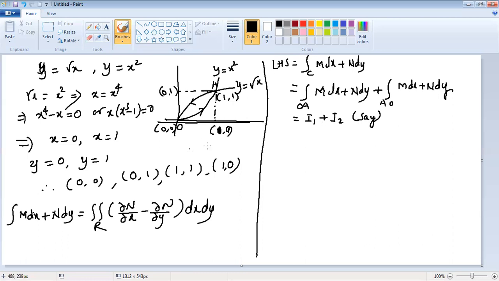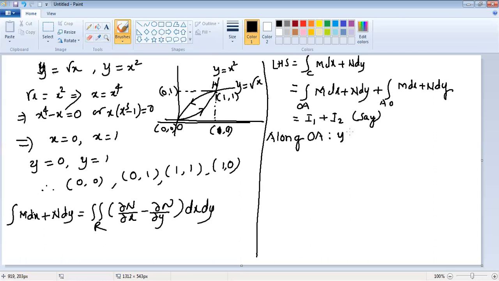Now just see along OA. What is this curve? As I said, this curve is y equal to x square.